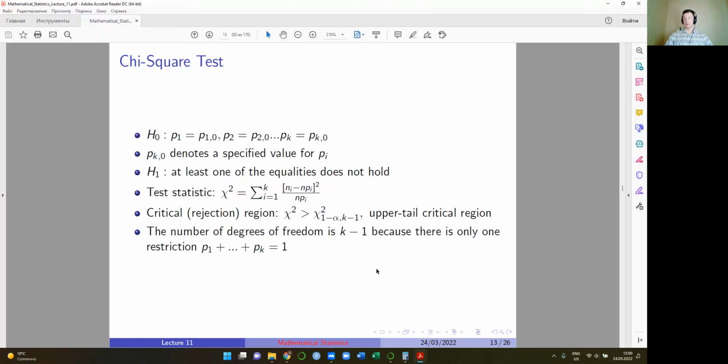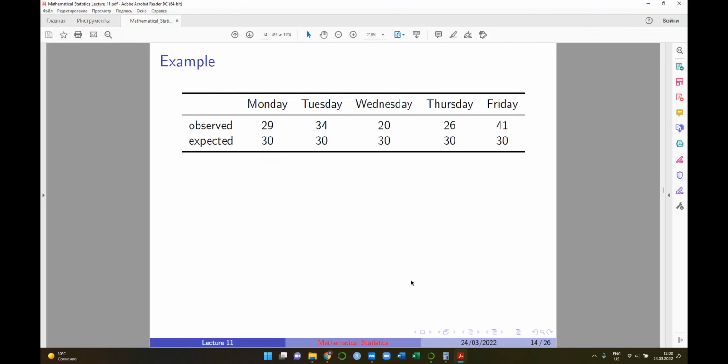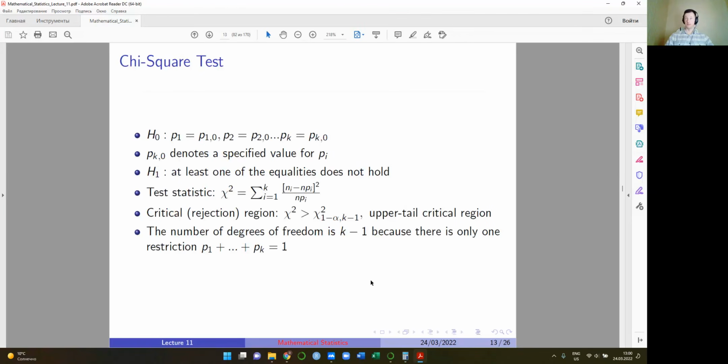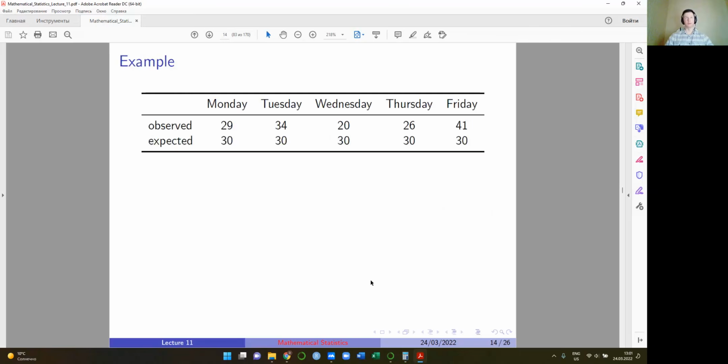The number of degrees of freedom is reduced by 1 because there is only one restriction, p1 plus p2 plus and so on plus pk equals 1. So now let's see our example and let's try to go through the calculations for the example.